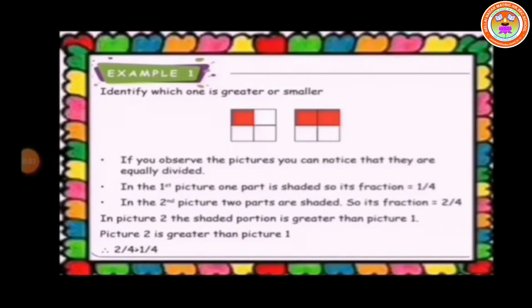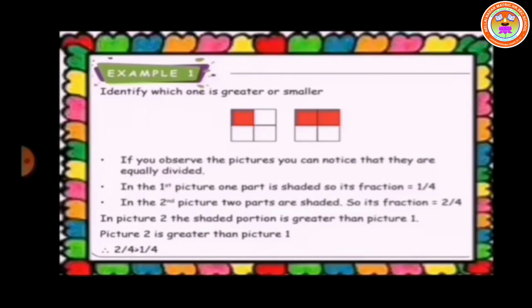Example 1. Identify which one is greater or smaller. Look at the picture, children. If you observe the pictures, you can notice that they are equally divided. In the first picture, one part is shaded, so its fraction is equal to 1 divided by 4.